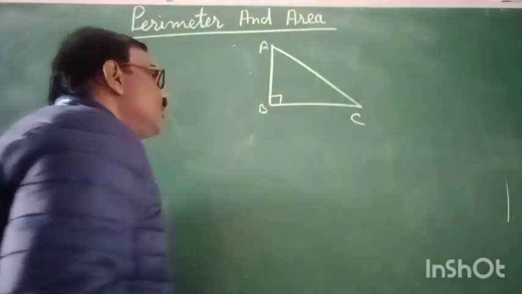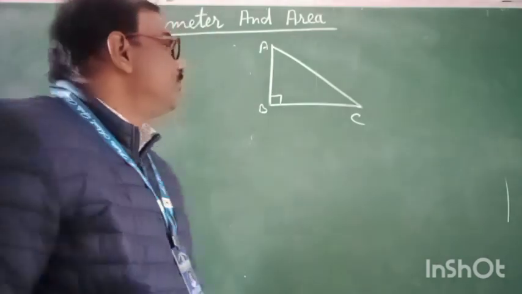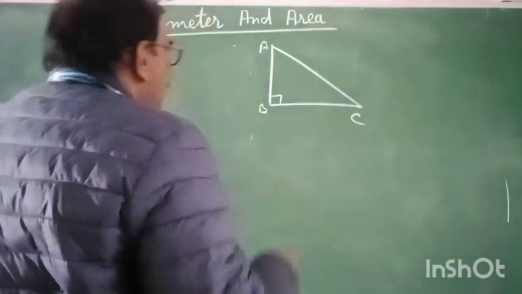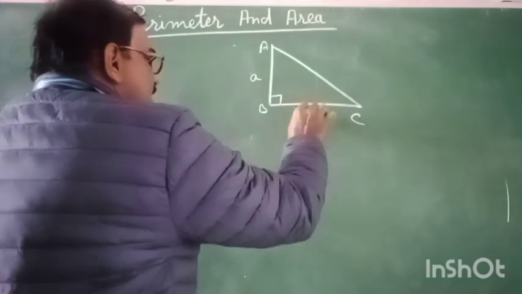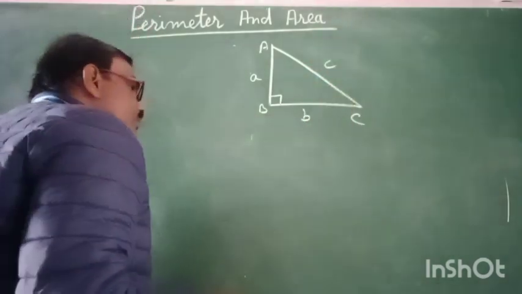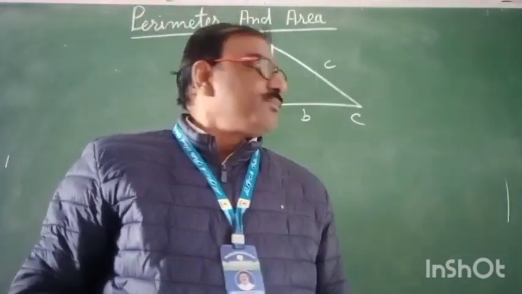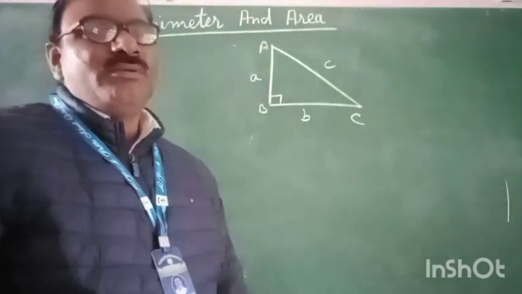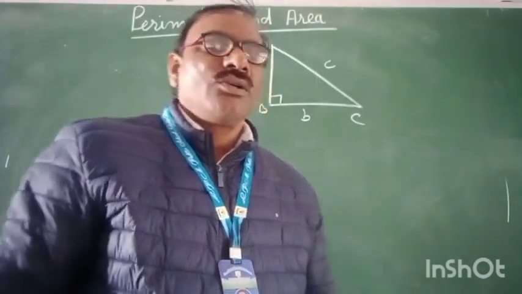Here angle B is a right angle, the length of AB is A, the length of BC is B, and the length of AC is C. As you know, the perimeter of a 2D shape equals the sum of all sides.